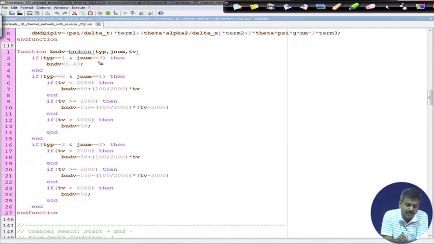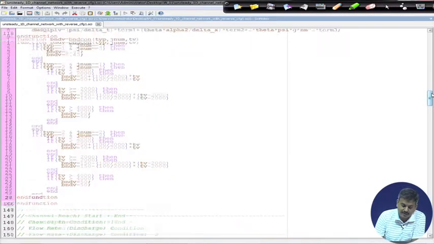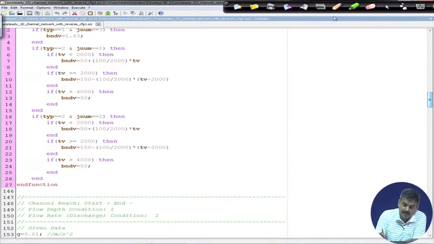So, type 1 junction number 3, we have 1.43, which is specified flow depth at the end point.